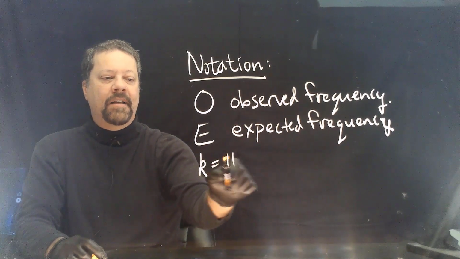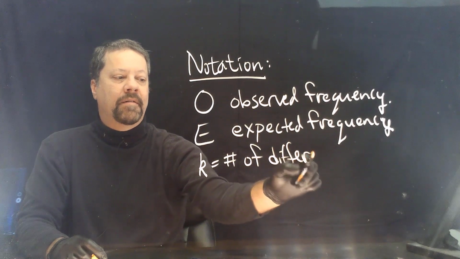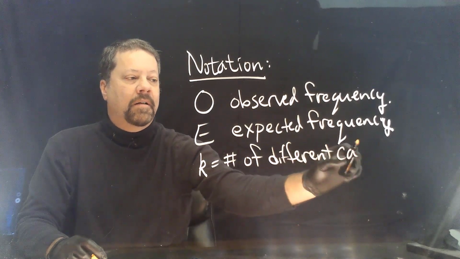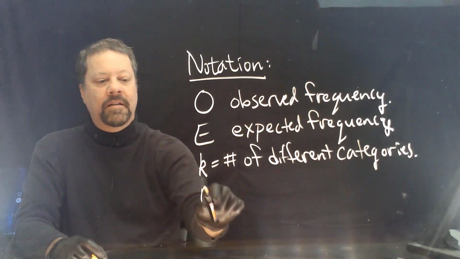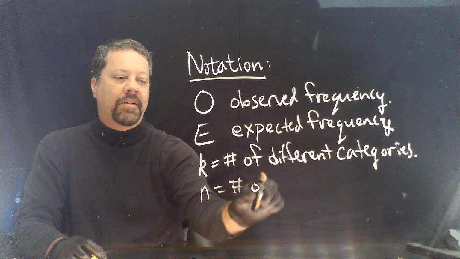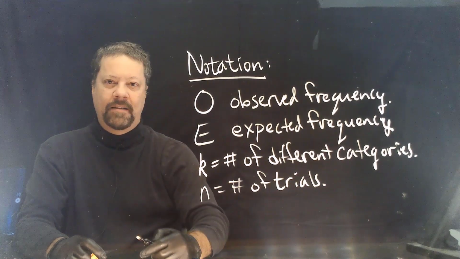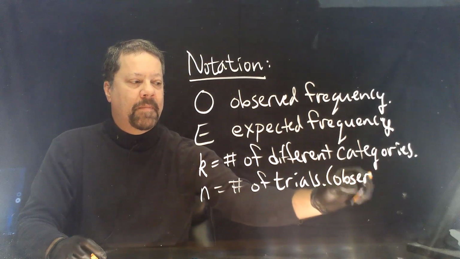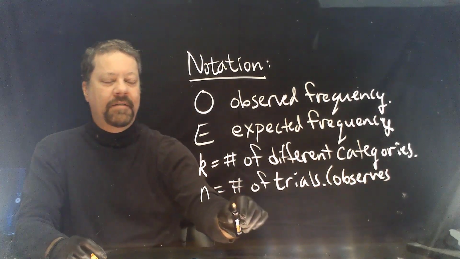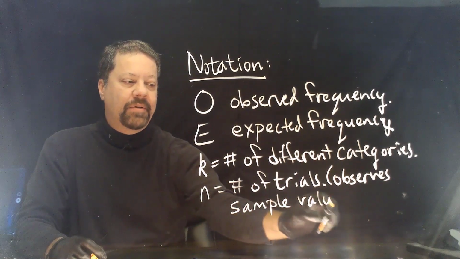K is the number of different categories. N is the number of trials. That is the observed sample values.